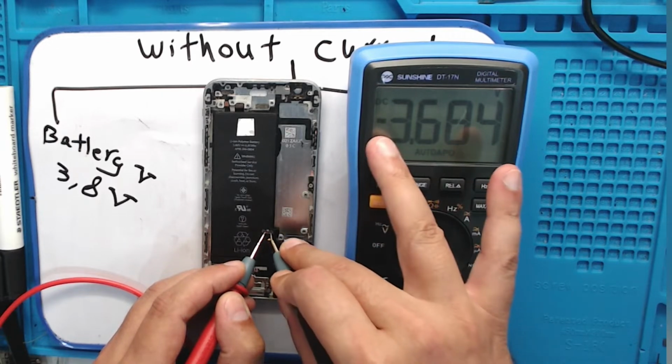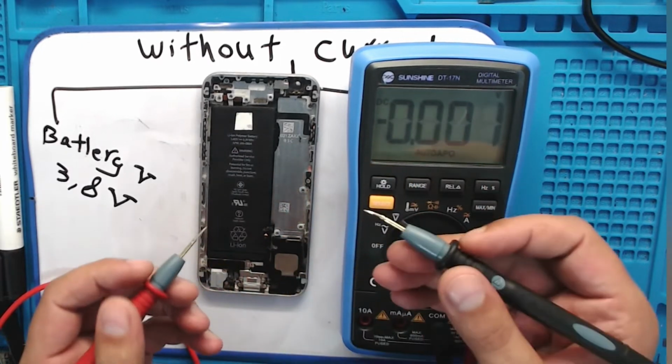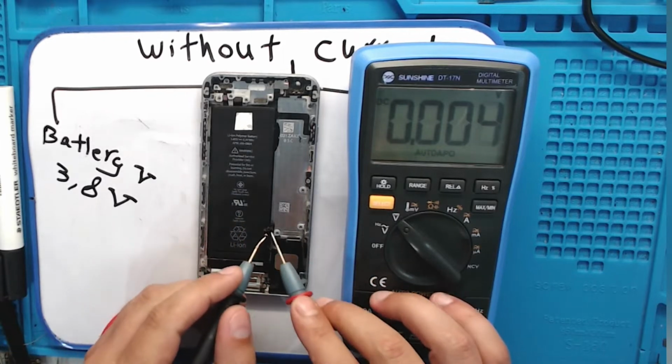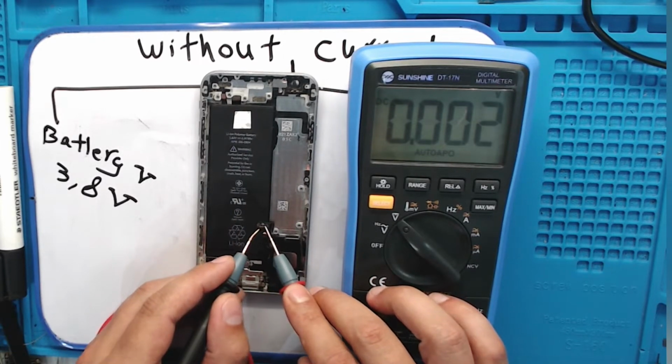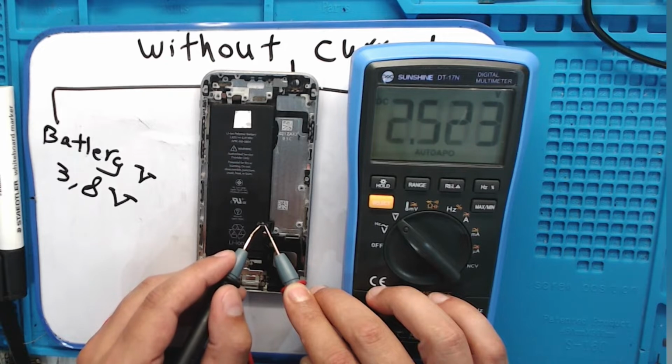If you see a negative on the multimeter, it means you put the probes the wrong way. Swap and put them again. You see the negative is gone, and now it shows 3.7. That means this pin is negative, that pin is positive.